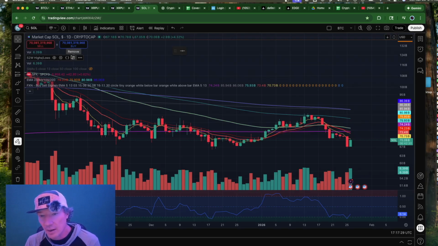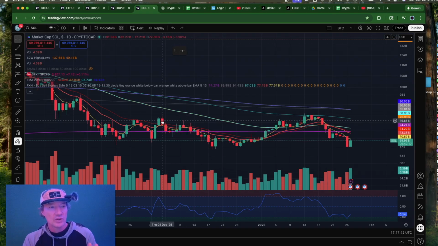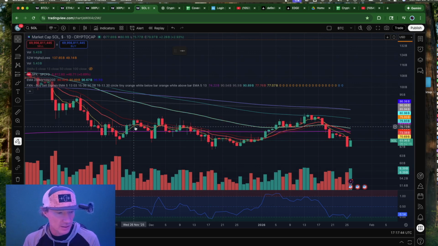I'm using tradingview.com. There are tons of different charting services out there. If you get on Coinbase and look at the chart, it's just a line graph, which is okay because you can see the price movements. You could still do this, but I prefer to use candles.